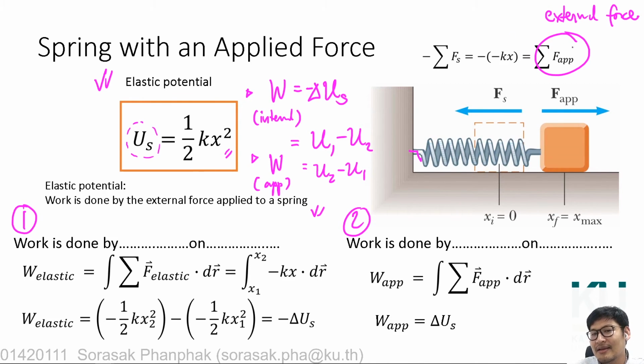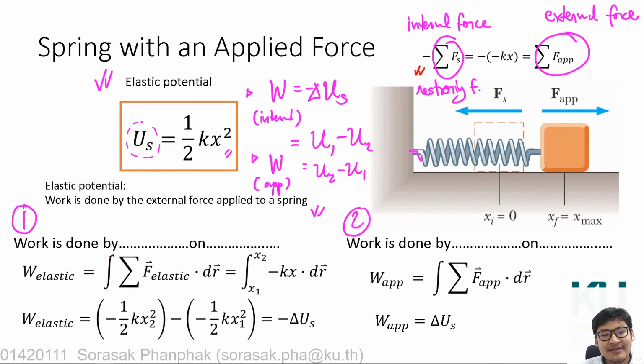This is the thing that we call external force, and this is the thing that we call the internal force, which is the restoring force. Right? This thing is different. The only thing that's different is the minus sign over here.